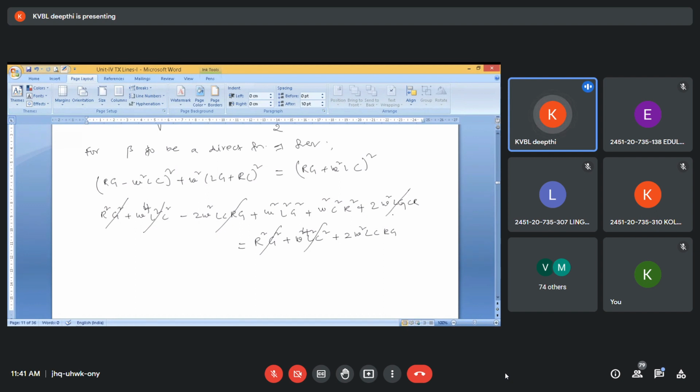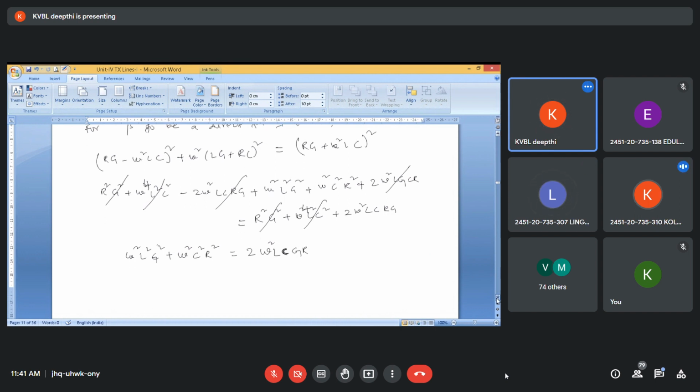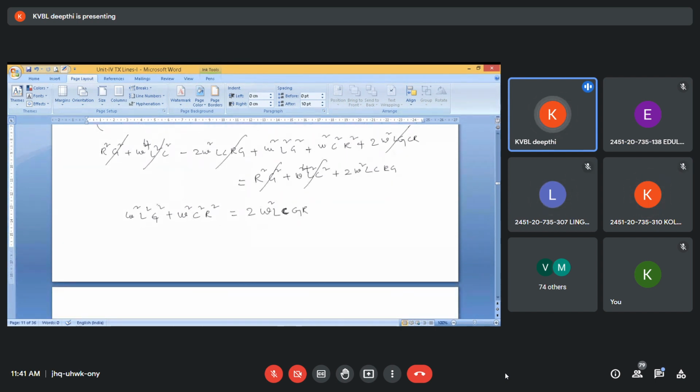This is minus, this is plus, no? Yes, ma'am. Now what is the remaining equation? Omega square L square G square plus omega square C square R square is equal to 2 omega square L C G R. Is that all that is left? Is it correct? Did you understand it here? Please respond, ma. So now bring this term to this side. What will we get?